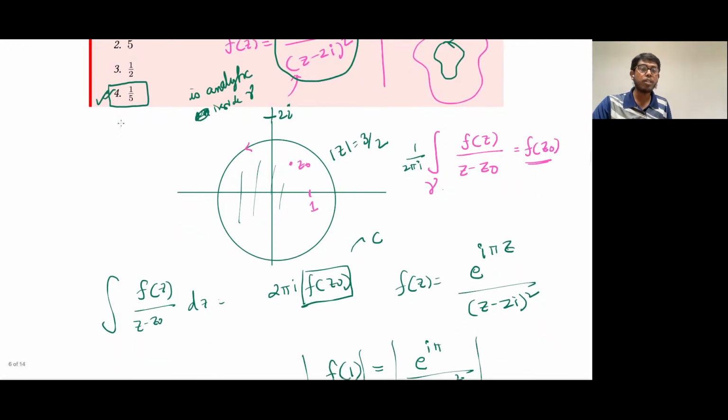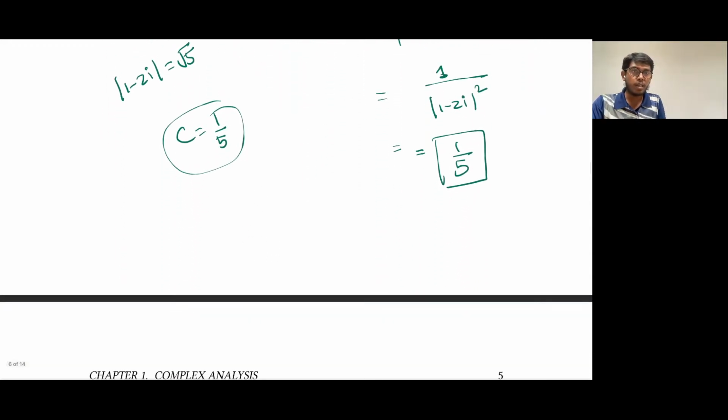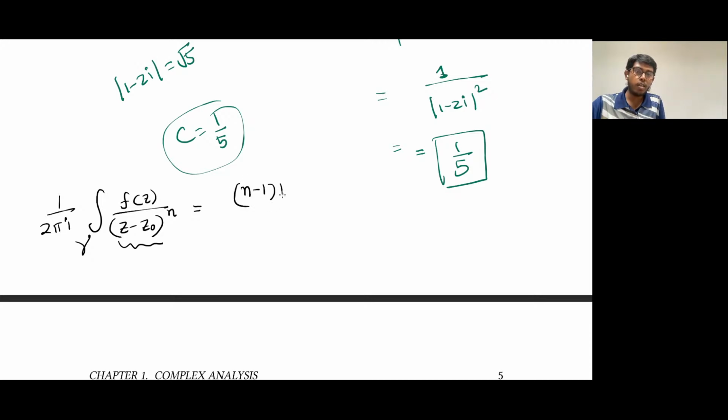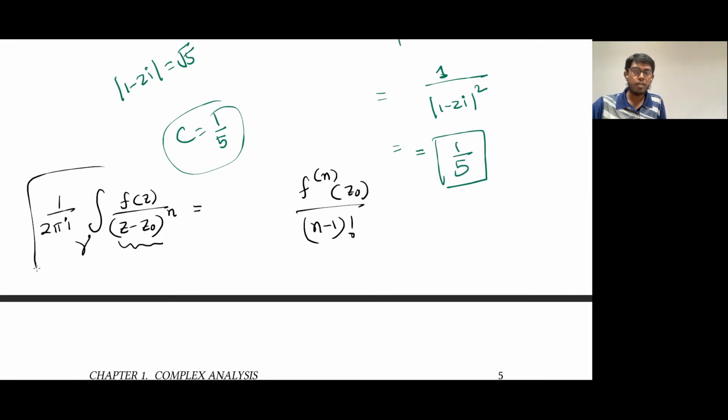This theorem is also an important theorem, and a similar theorem says, please correct me if I'm wrong, that if you have f(z)/(z − z₀)ⁿ, where z₀ is a zero of this function or a pole of order n, then 1/(2πi) times the integral is equal to f^(n−1)(z₀)/(n − 1)!.